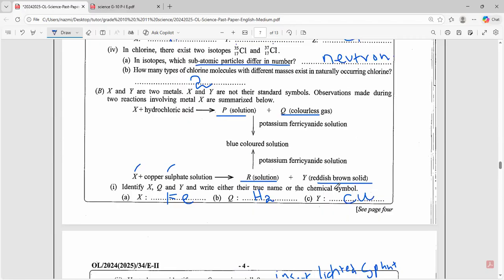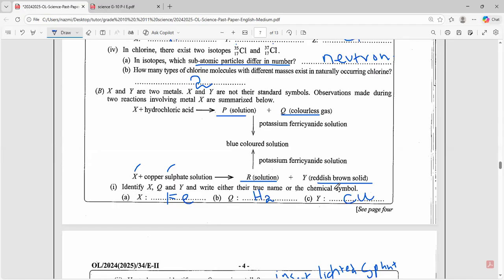Y is copper, no? Yeah. Write the correct answers, okay? X is iron. Okay. Fe. What is Q? Very correct. That's hydrogen gas. Okay. I was telling that all the time.